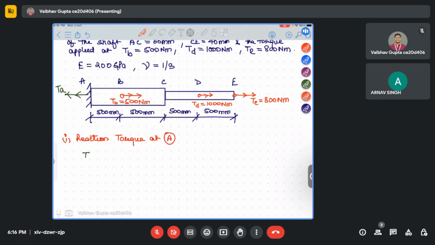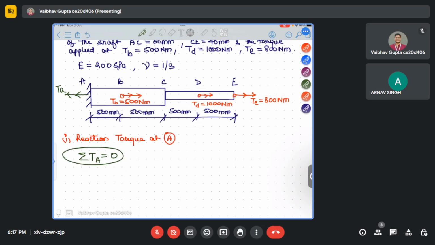Okay. Now suppose I assume a torque applied at A point in the opposite direction to that applied at B, D, and E. Okay. So now I have to find the reaction torque at A. The same thing which you do with the force equilibrium, you have to do here. So summation of torque at A point to be equal to 0.